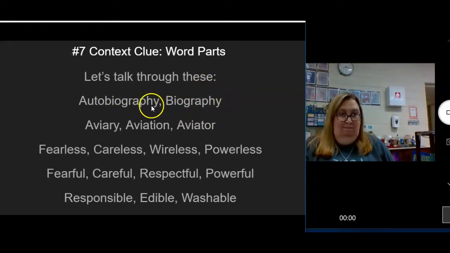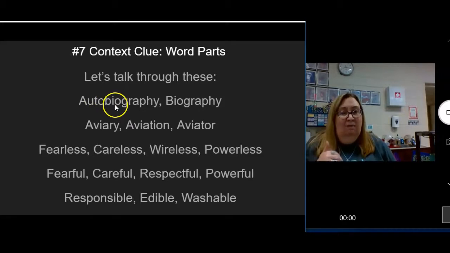So here we have biography again, the writing about somebody's life, but here it's auto. Well, think about things that are automatic or your automobile. You don't have to push it down the road. It powers itself. If it's automatic, it does it itself. So auto is about yourself. So if I have an autobiography, it's the writing about myself, my life.